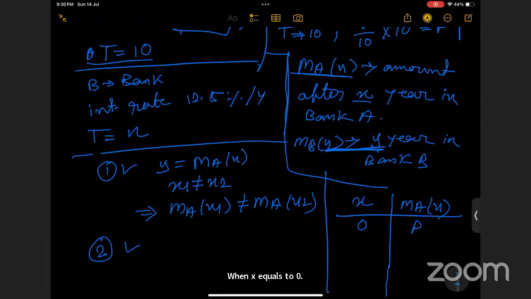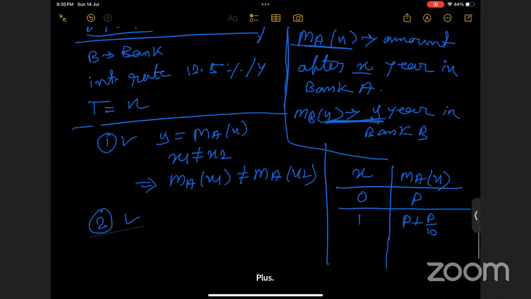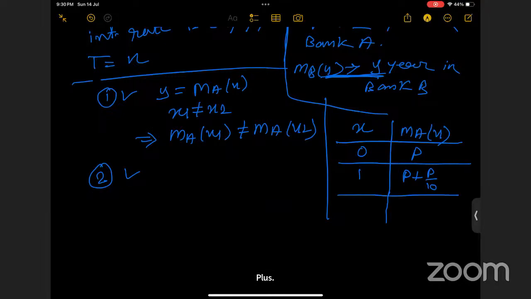When x equals 1, this is P plus P by 10. When x equals 2, it is P plus P by 10 into 2, right? So if we follow the process, when x equals n, it will be P plus P by 10 into n, right?